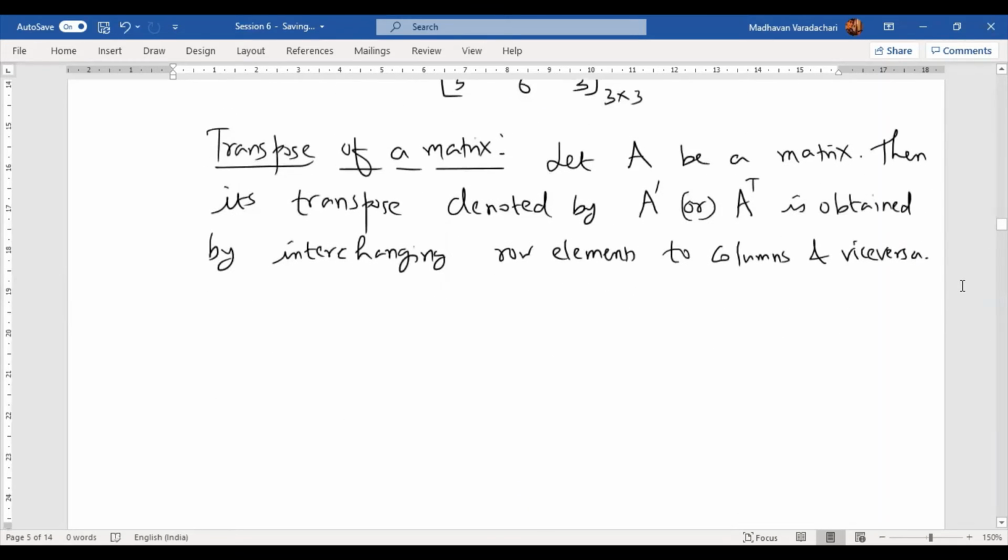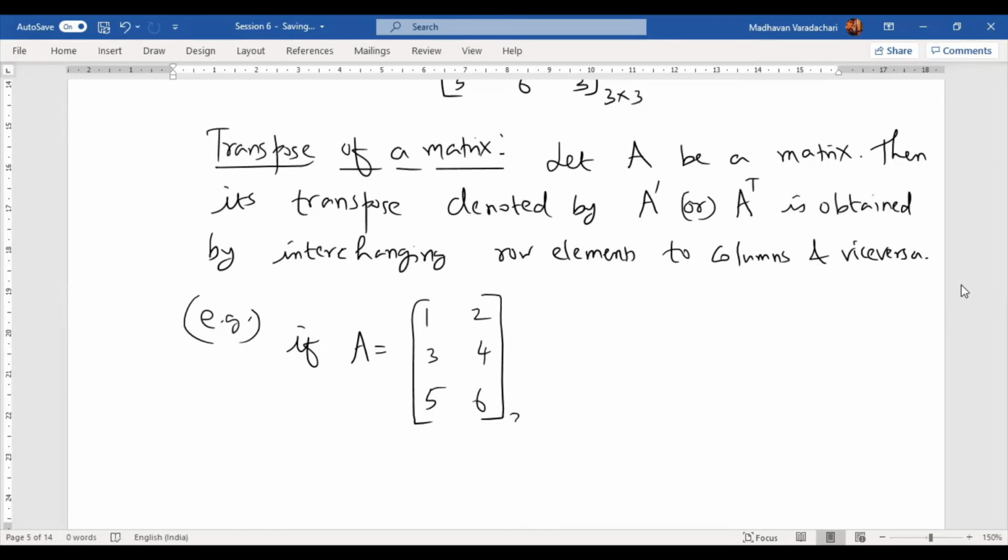So, example, if A is equal to 1, 2, 3, 4, 5, 6. This has got 3 rows and 2 columns.